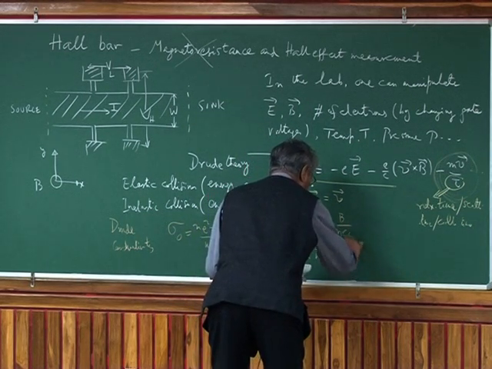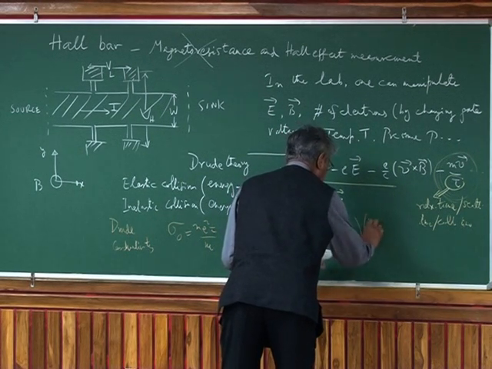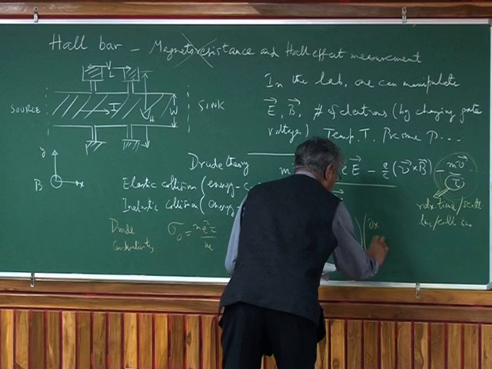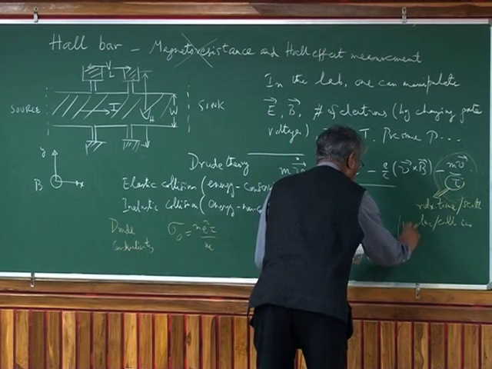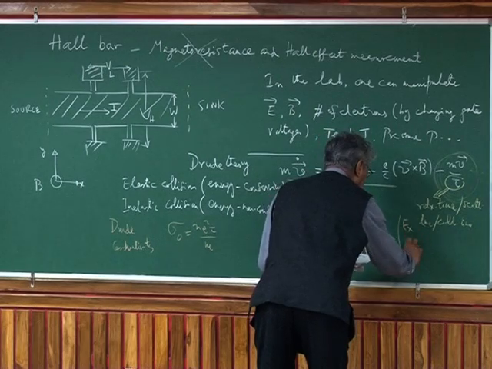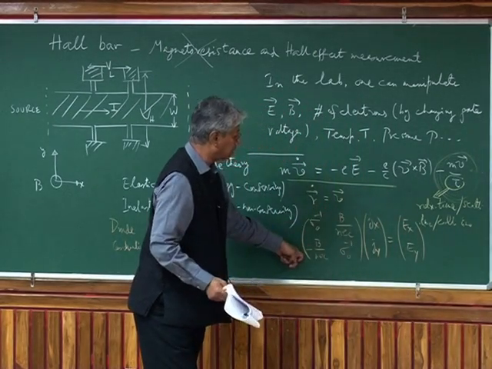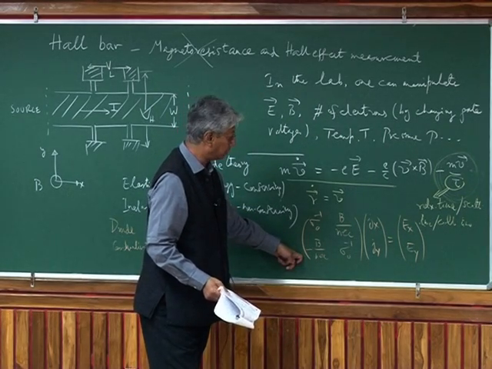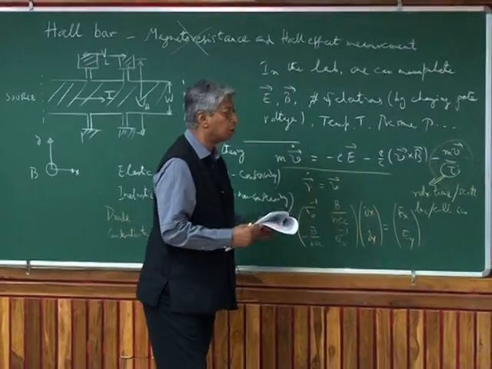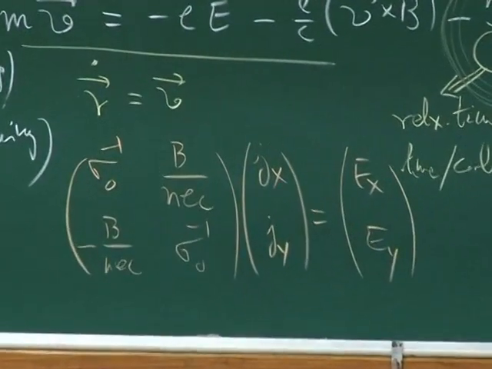Right? Current density Jx, Jy is equal to the conductivity matrix times your components of the E field. So the B field has gone into the off-diagonal terms of the conductivity tensor, the conductivity matrix, and the Hall geometry is carried out in such a way that you don't look at any transverse current.